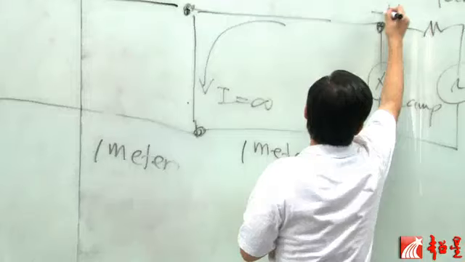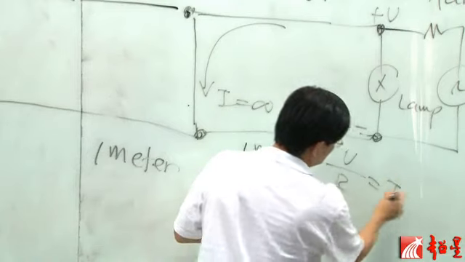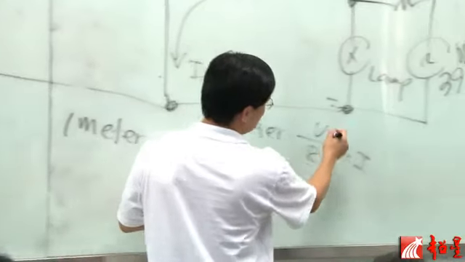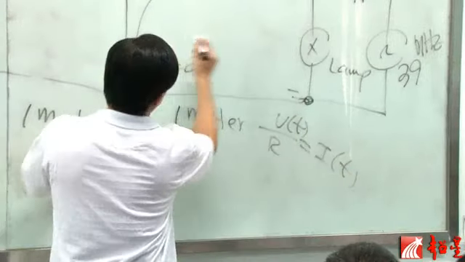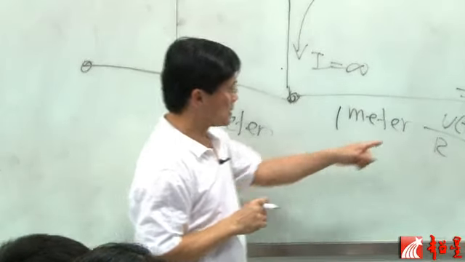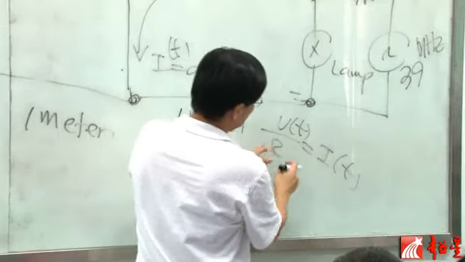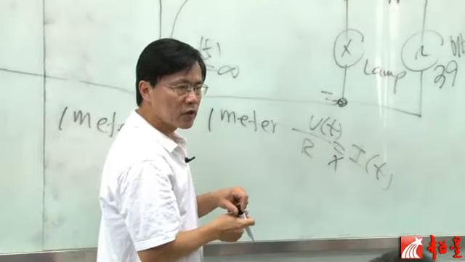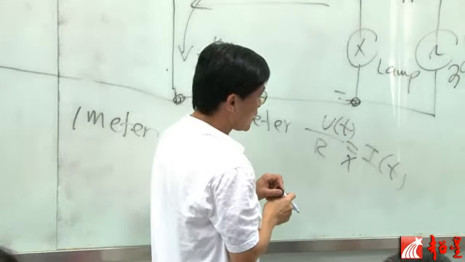This is the voltage here, and voltage over resistance is current. That's Ohm's law. That does not apply anymore, because V of t at this time and V of t at that time are not associated by Ohm's law. This equation does not apply because there's a time delay between these two.